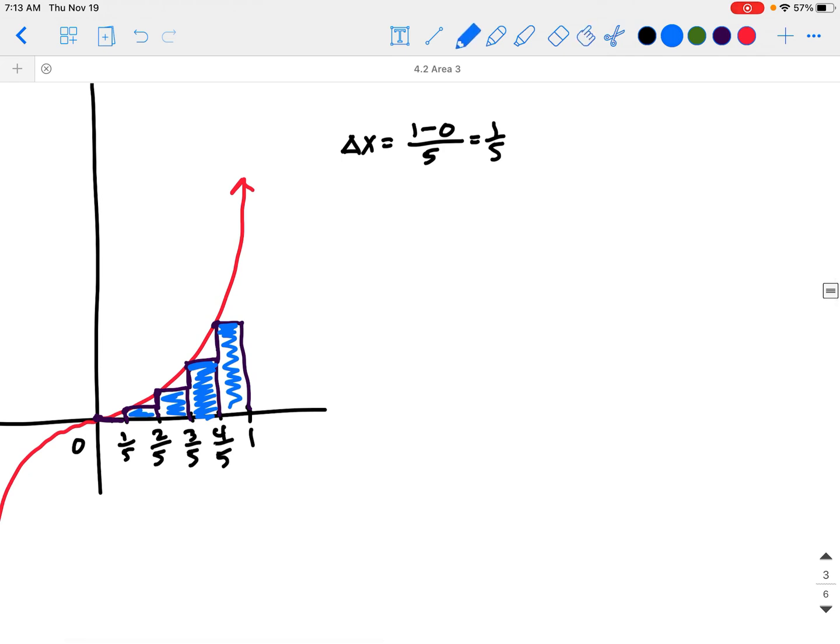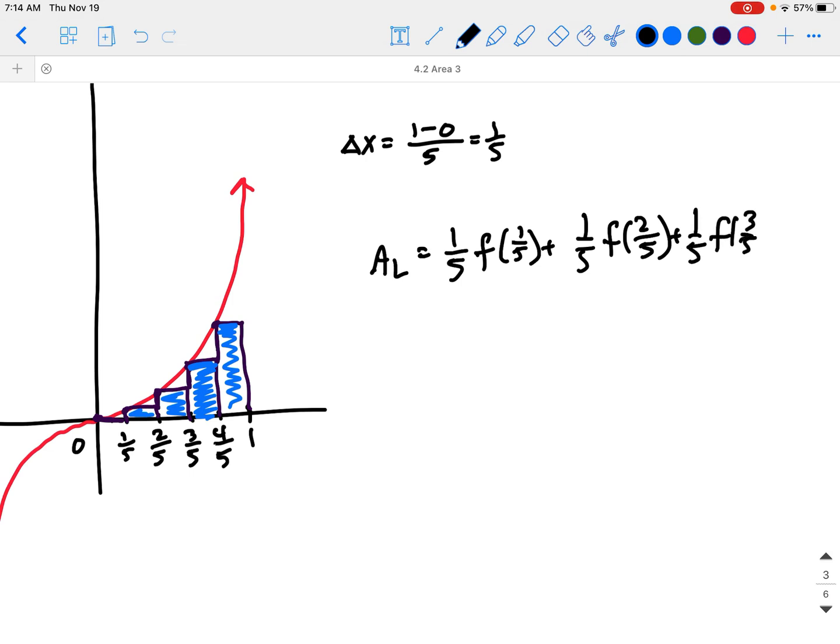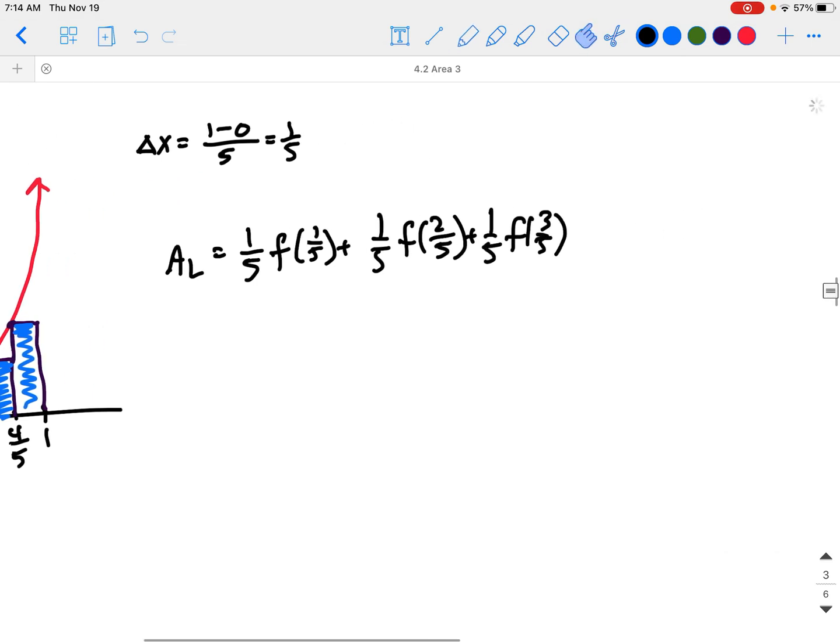Okay, so then we can see that the area of the left is going to be 1/5 times f of 1/5 plus 1/5 f of 2/5 plus 1/5 f of 3/5 plus 1/5 f of 4/5.